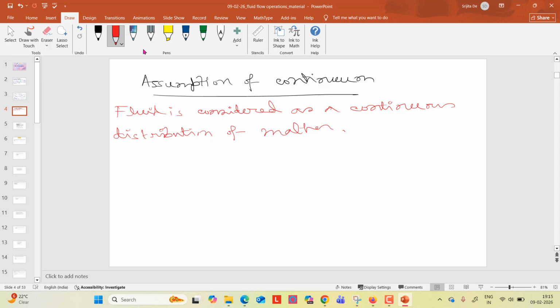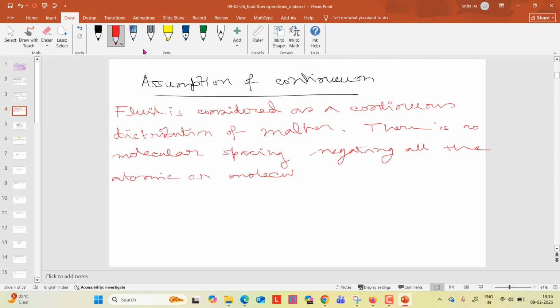That means there is no molecular spacing between the fluid molecules, negating all the atomic or molecular aspect. So this condition is called continuum.